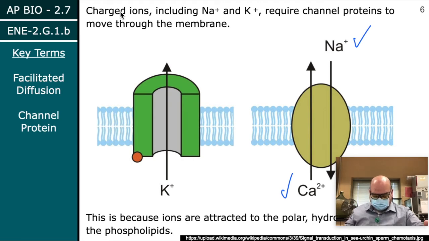So why doesn't this work? Well, ions have an affinity or an attraction. So let's say it's Na+. They kind of want to hold on right here, and they won't go into this hydrophobic area. So you have to use a special door to get them through.